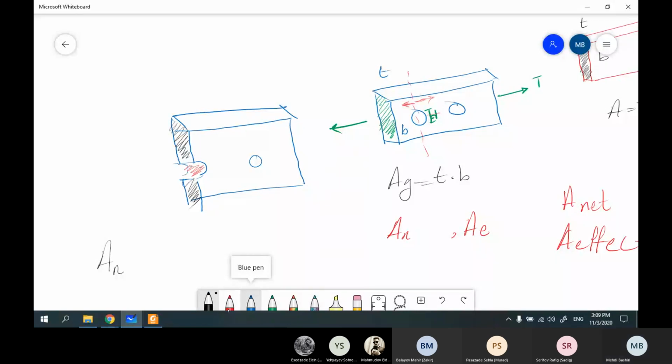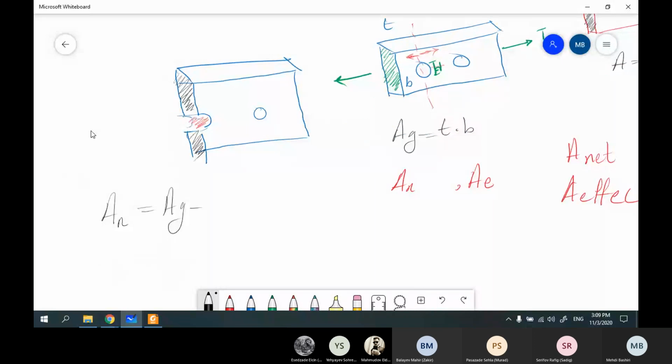But what is the net area? Net area is A gross minus the area of holes. What is the area of holes? We're not going to consider this as a circle.